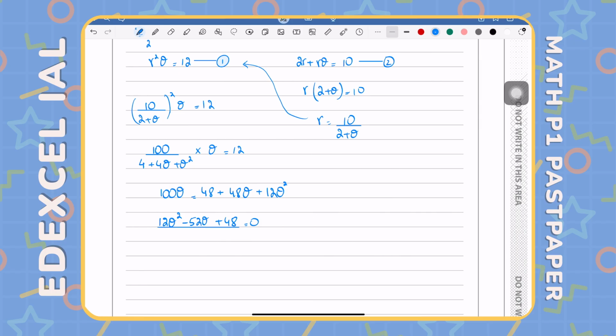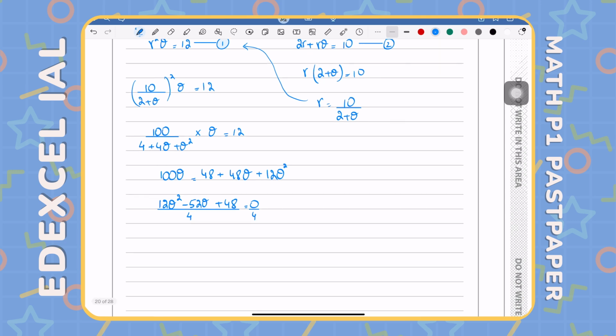All we have to do is divide it by an appropriate value, which in this case is 4. So divide both sides by 4. The right side is not affected, but the left hand side becomes 3 theta square minus 13 theta plus 12, exactly what it's supposed to be equal to. And this is what we were supposed to prove, and we have done just that. So proved. Make sure to write this conclusive statement, the examiner is looking for it.